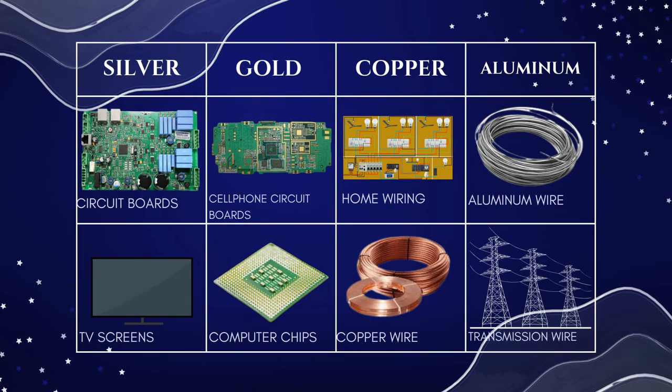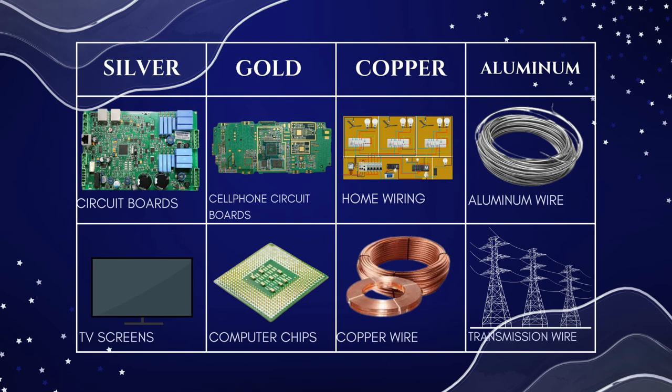So the most useful and commonly used conductors for electric wires are silver, because it is the best of the conductors but very expensive and it oxidizes easily. So printed circuit boards and TV screens are a few things where it is used. So for copper, home wiring is usually made of copper because it has a good amount of free electrons which can conduct electricity.